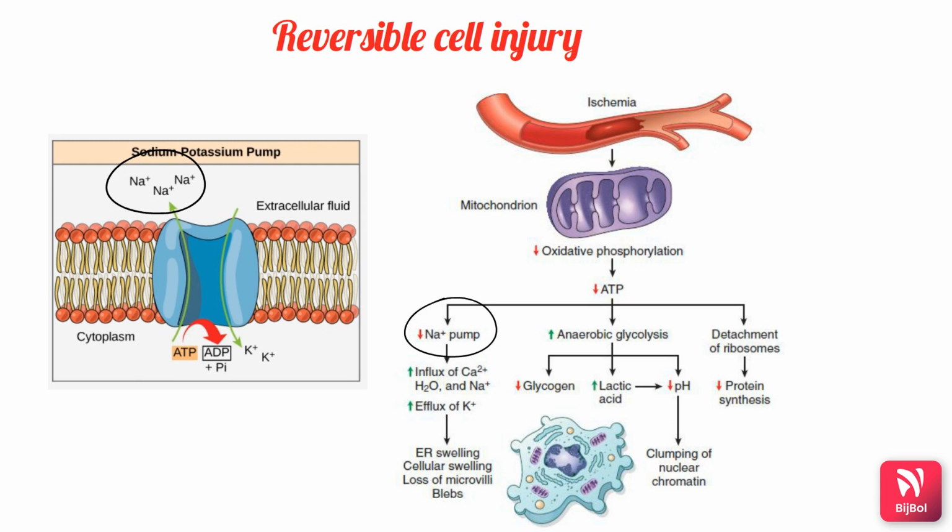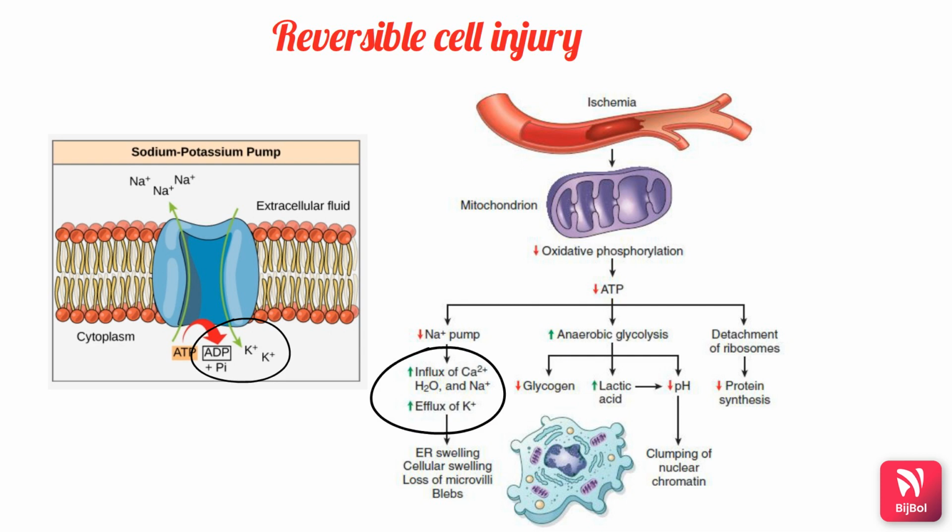Now in case of reversible cell injury, there will be decreased ATP. That means there will be more influx of sodium and efflux of potassium. That is, the opposite will happen. So decreased sodium pump results in increased influx of calcium and sodium and increased efflux of potassium. Whenever sodium is moving in, it will bring along water also.